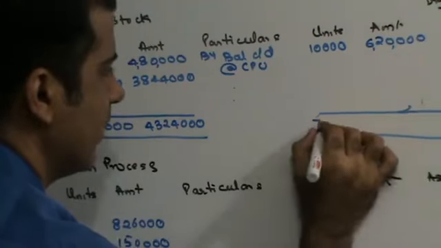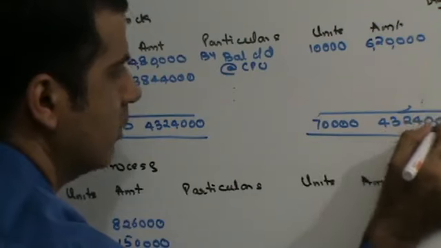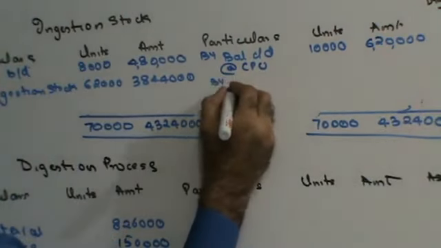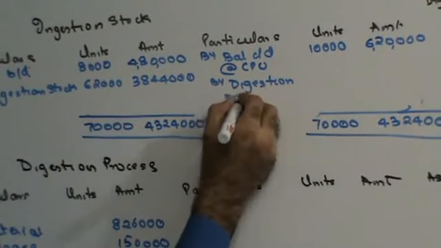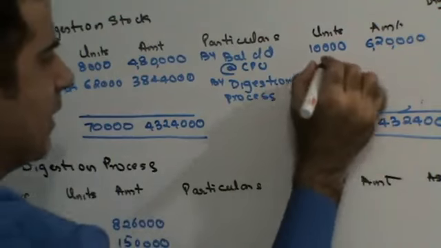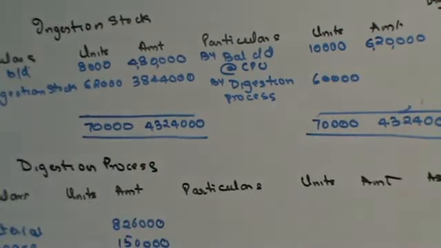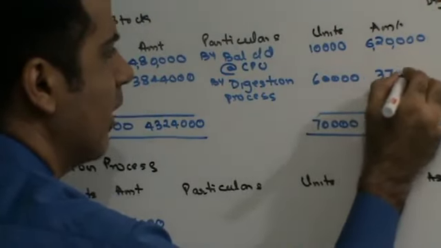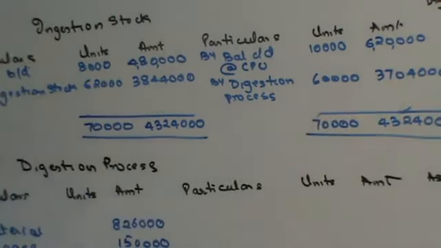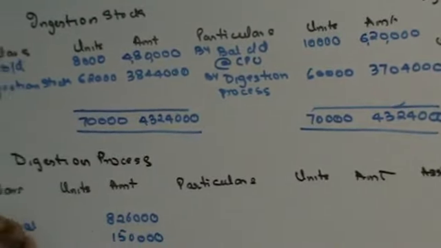The difference will be called as digestion process. 70 minus 10, 60,000 units, and 43,24,000 minus 6,20,000 will give you 37,04,000. Right? Bring this down here. This is going to be to ingestion stock.